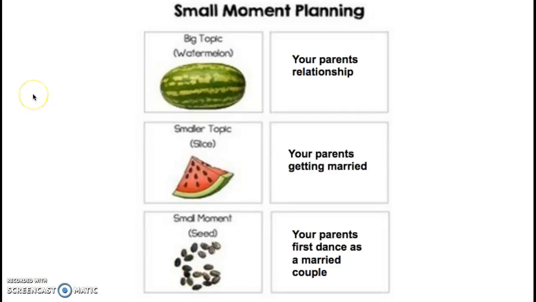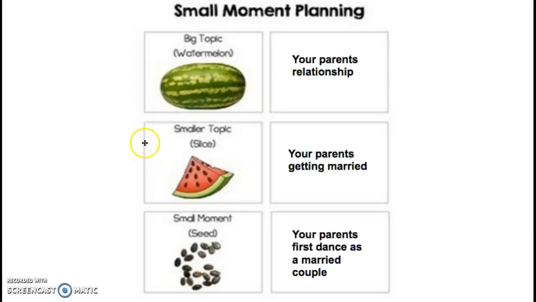Another example, and what I've seen is some of you want to do something involving your parents. So the big topic is your whole parents' relationship. From when they first met, to dating, to when they get married, to when they make a decision to move to Singapore, to where we are now. Again, that's a whole novel and too big for us.